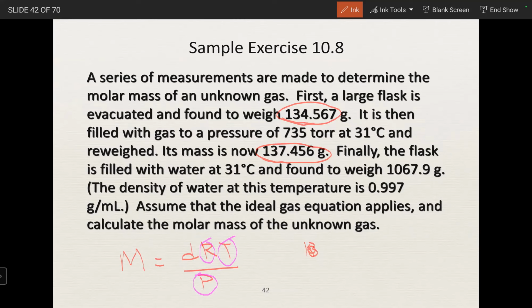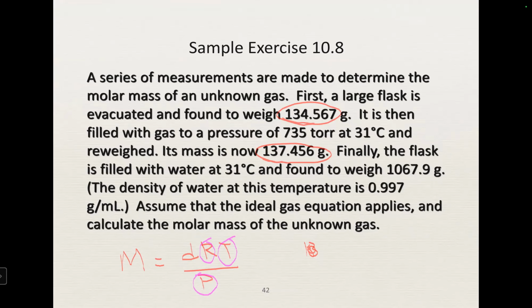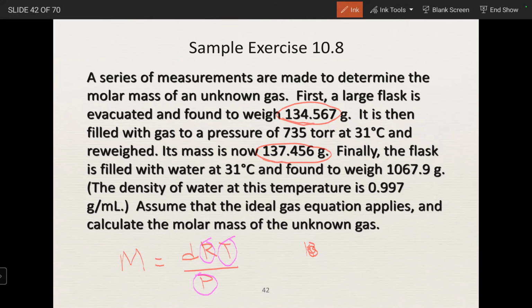But for the volume, we're going to have to focus on the water. So volume is going to be mass over density.